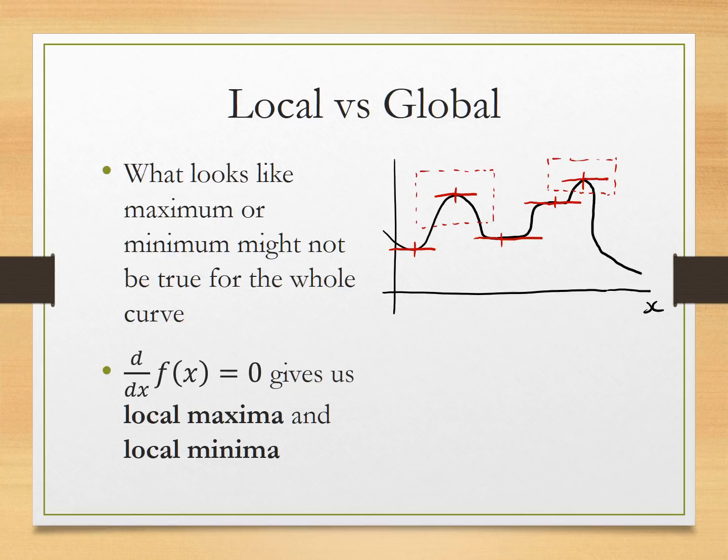This process of taking the derivative and setting to 0 only tells you this point is higher than all the points around it, but there's no guarantee that it's going to be higher than every single point on the curve. Similarly, for minimum, there's no guarantee that a particular point is going to be the lowest on the whole function. It's just lower than other points around it.